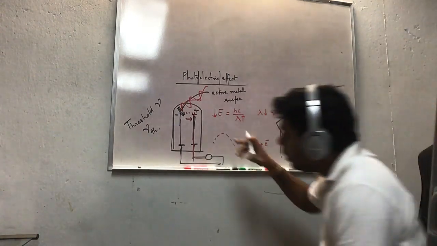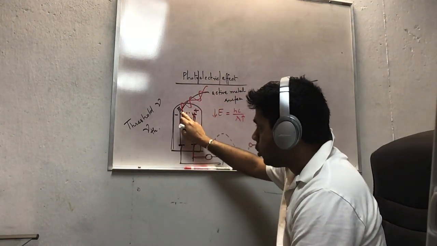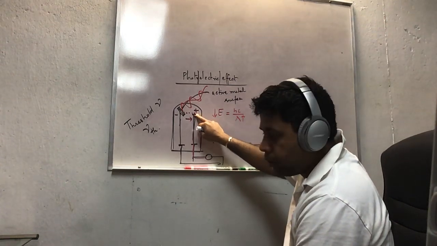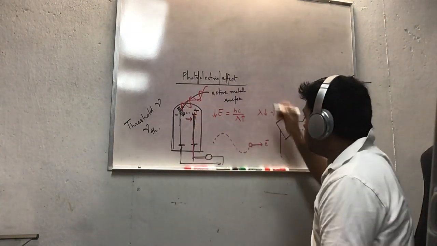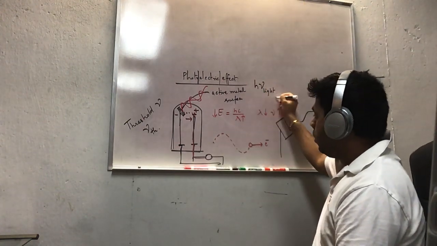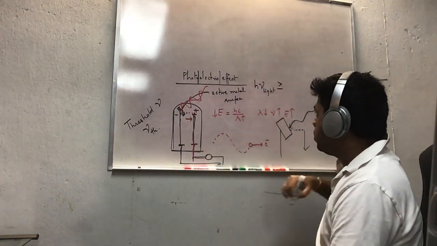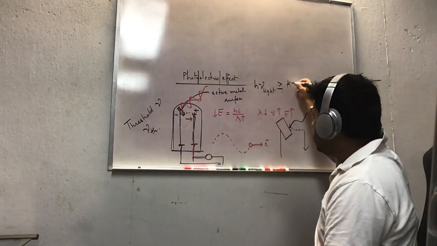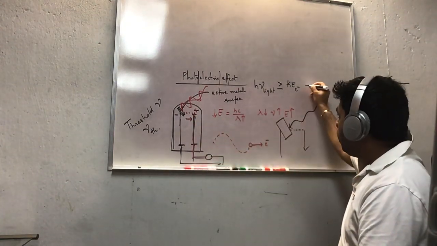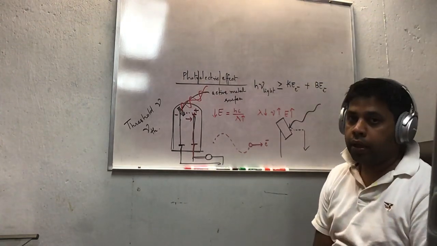There are two things happening. It has to have a certain energy, and it should remove the electron and make sure it moves towards the positive electrode. So the energy of the light, or the energy of the photon, must be greater than or equal to the kinetic energy of the electron going towards the positive electrode plus the binding energy of the electron to the metal.